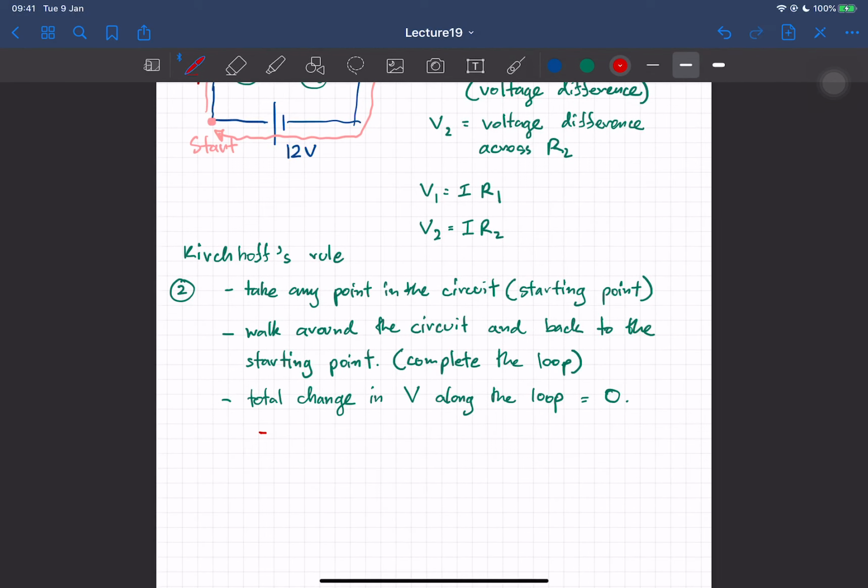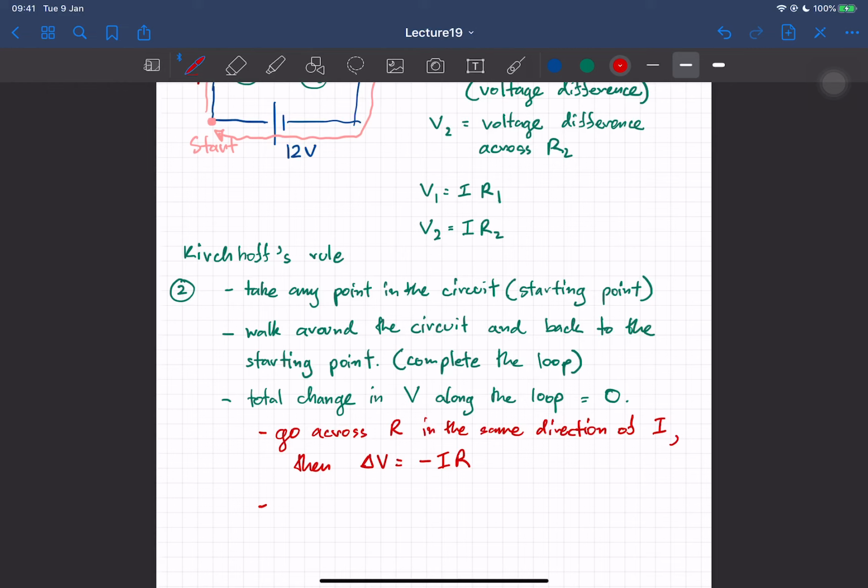If you go across R in the same direction of the current, then the change in the voltage that we accumulate is minus IR. If you go in the opposite direction of I, then it's positive IR.